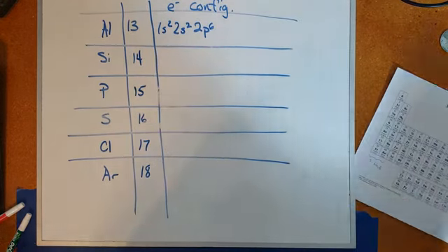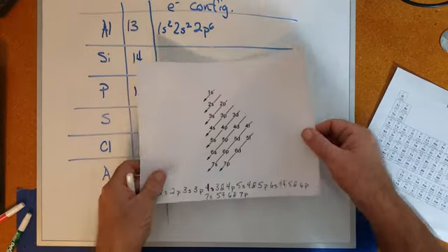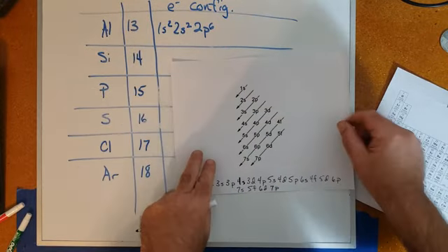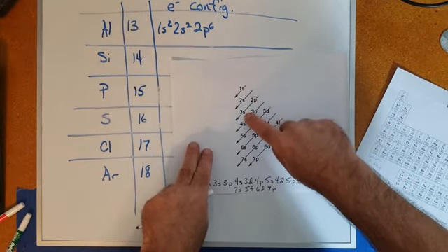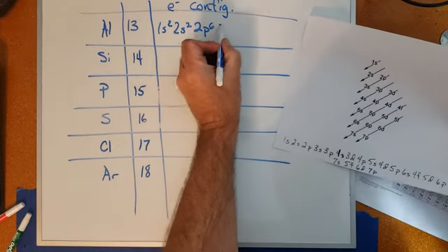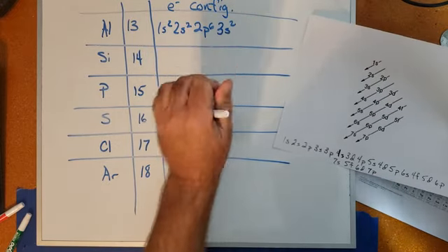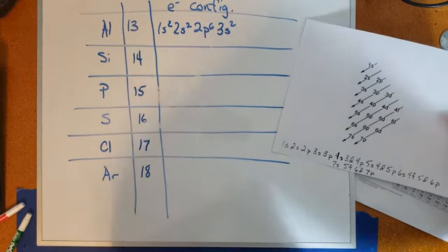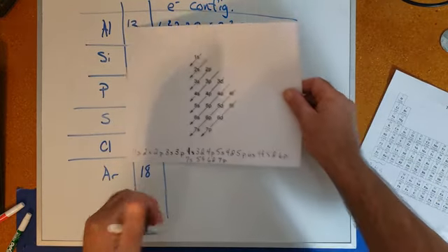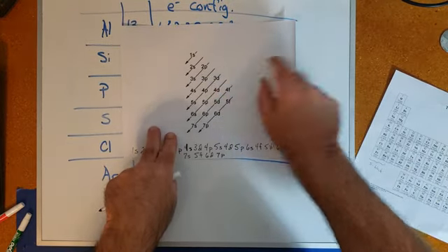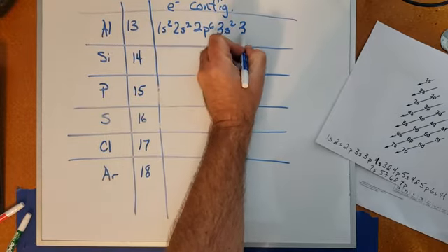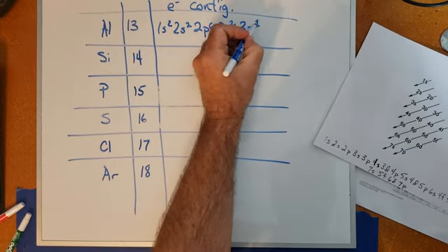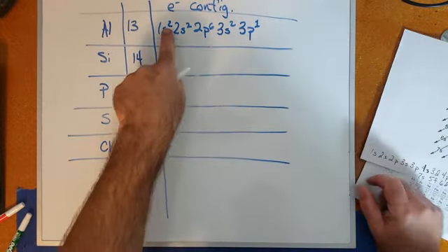That gives me the first 10 electrons, and I have to get up to 13. What's after 2p? After 2p is 3s, and I'll fill that with 2 electrons. S's hold 2, p's hold 6, if you recall. And what's after 3s? 3p, and all I need is 1 there. If I add up all these superscripted numbers, 2, 4, and 6 makes 10, 11, 12, 13.